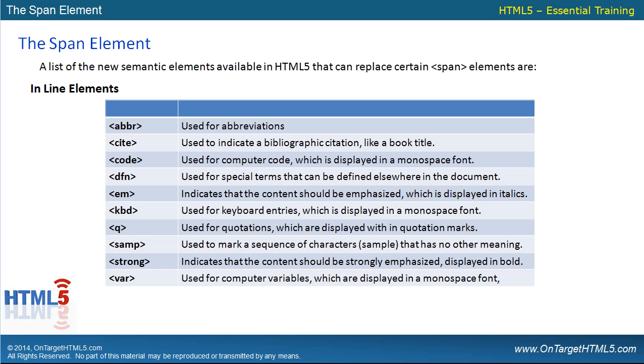We have an abbreviation tag, a citation tag, a tag for code, a definition tag, an emphasis tag, a keyboard tag, a quotation tag, a sample tag, a strong tag, and a variable tag. So again, when it's possible, we should be using these tag elements in our HTML5 documents instead of using the span element.